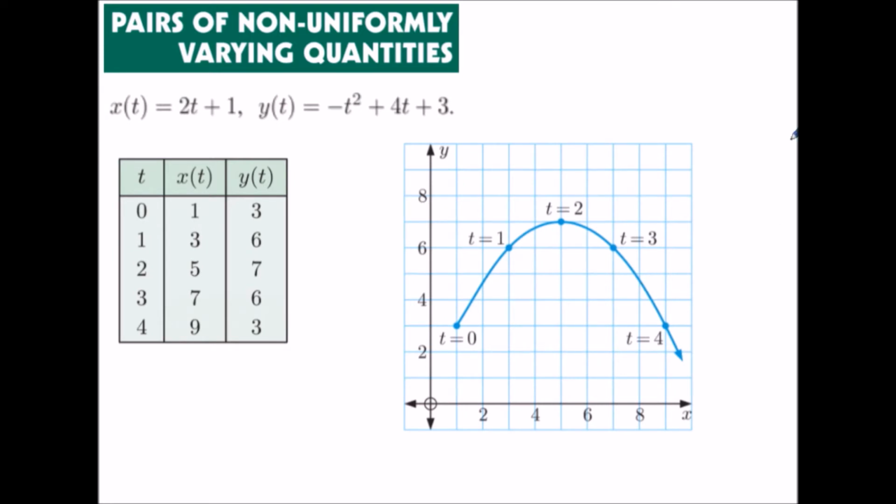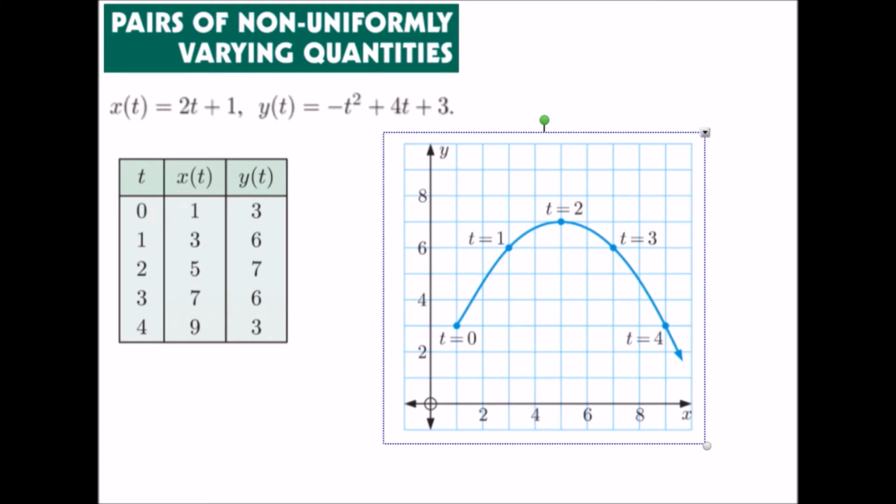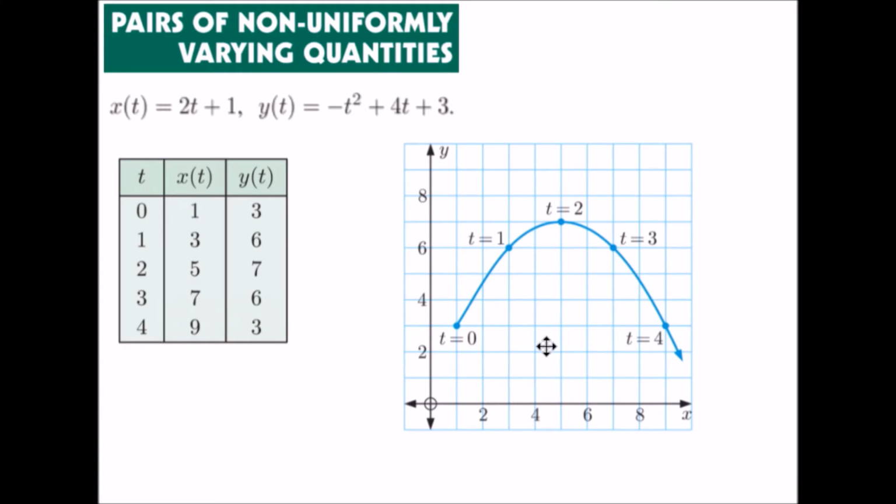Notice that given x is linear, if we were to move between t equals 0 and t equals 1, there is a shift of 2 squares here, 2 units, and between t equals 1 and t equals 2 is a constant change. We have moved, once again, 2 units. So each time the gap from here to here remains the same because x is in fact going to remain constant.